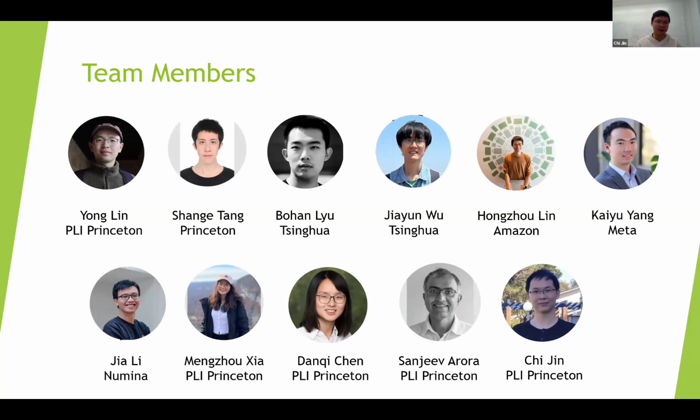They are really putting a lot of effort into this project, and also Bohan Yu and Jiawei Wu, who are our research interns from Tsinghua University. And next are Hongzhou Lin and Kaiyu Yang, who are providing a lot of very helpful suggestions and feedback. Lin is also from a math competition background, and they're from Amazon and Meta. And Jali from Numina provided a lot of helpful data sets.